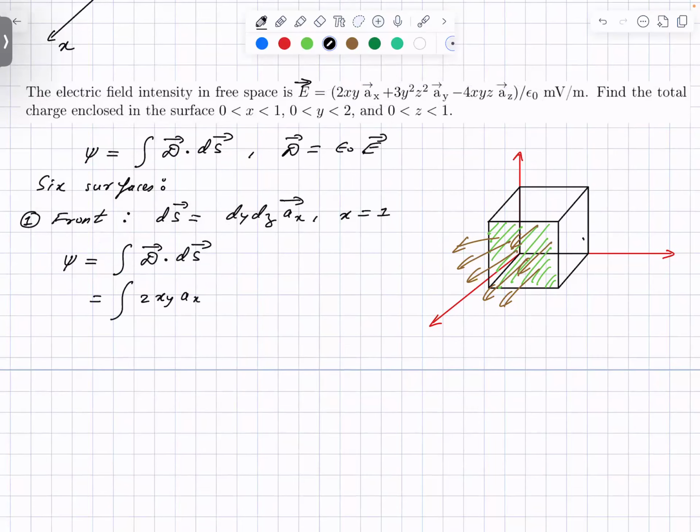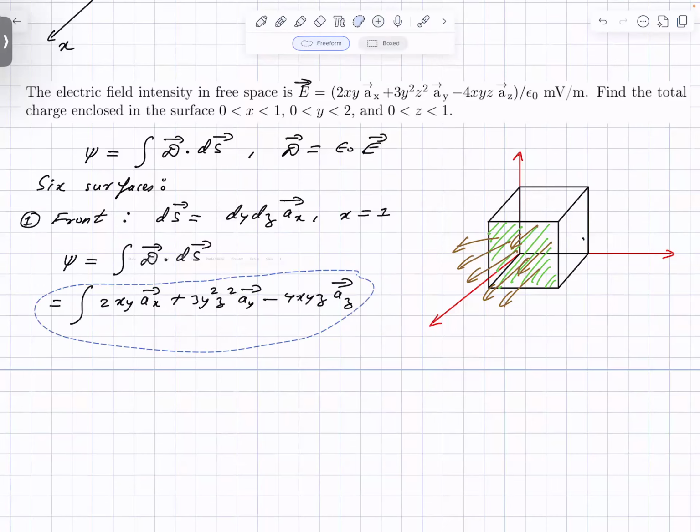We get 2xy a_x plus 3y squared z squared a_y minus 4xyz a_z. That is our expression for D. And what we have here is a dot product between this expression for D and dS, and dS is this.